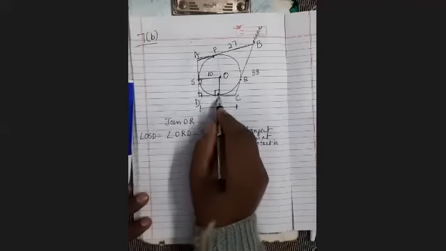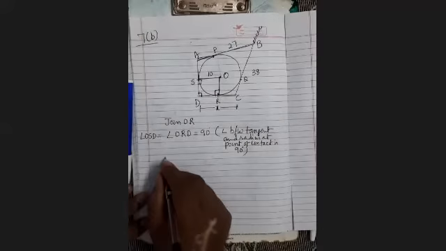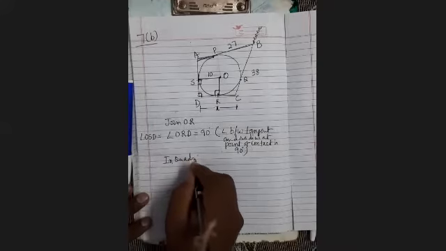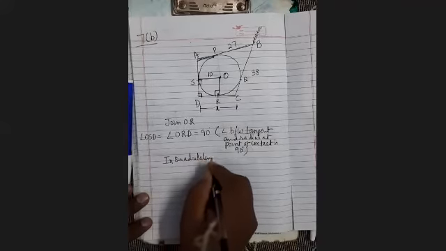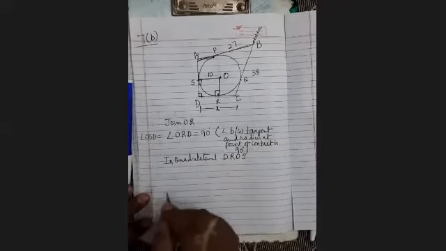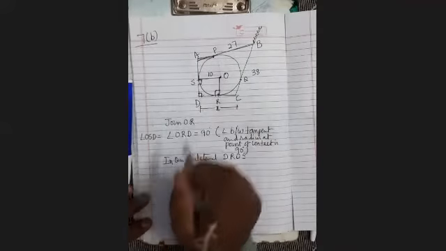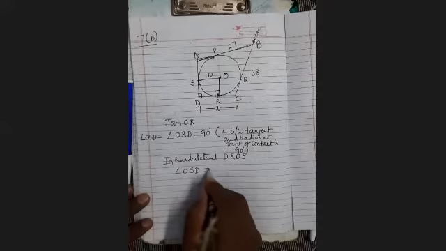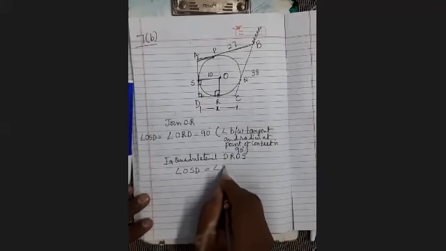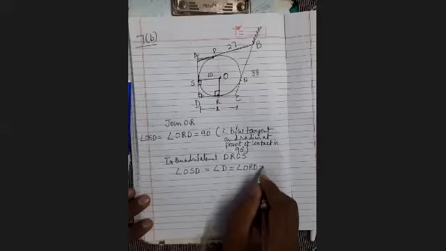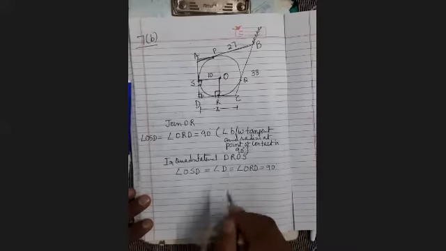Now in quadrilateral DROS, तीन एंगल क्या है 90 है. Angle OSD equals to angle D equals to angle ORD equals to 90 degree.